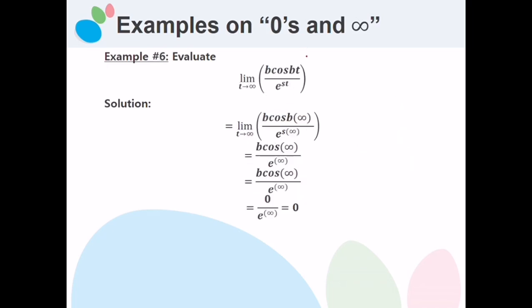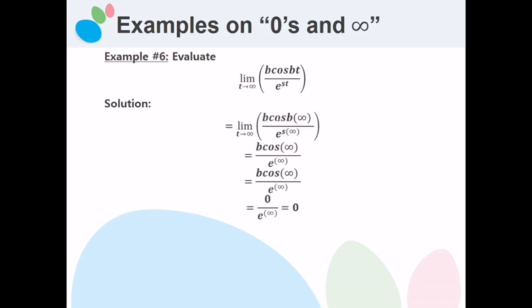Next, let's try some trigonometric functions in terms of limits. How about if we evaluate the limit of b cosine bt divided by e raised to st, wherein t approaches infinity? This is already simplified, so we substitute the value that t approaches, infinity.